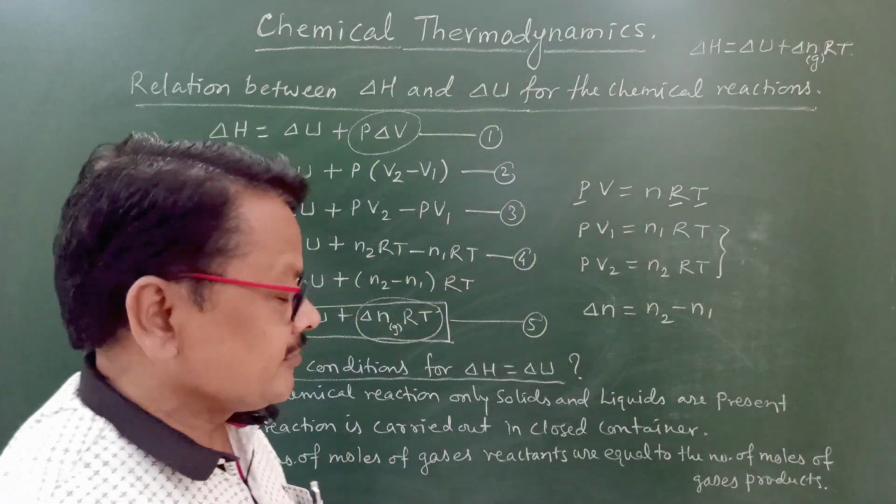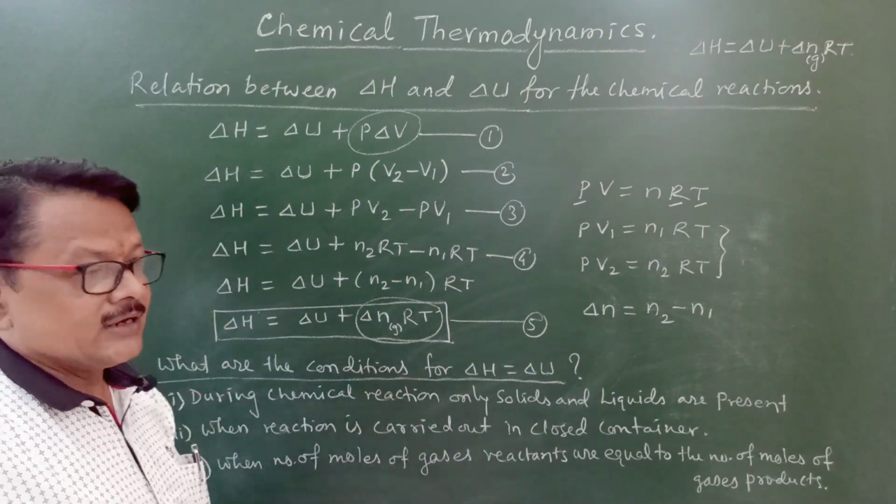So these are the three conditions due to which delta H is equal to delta U.